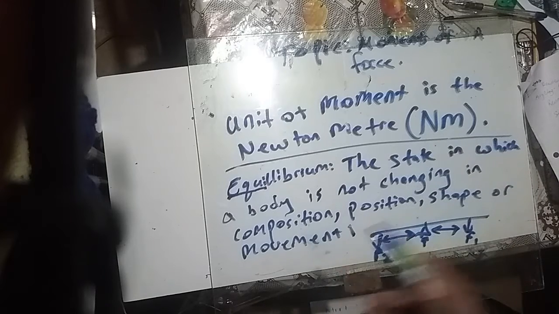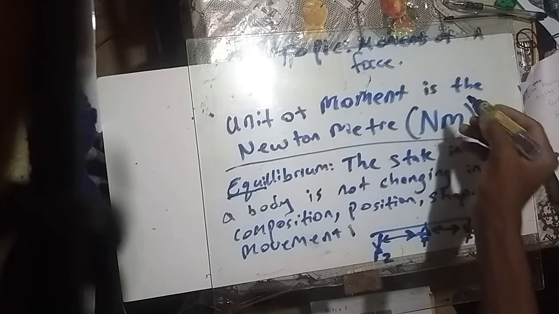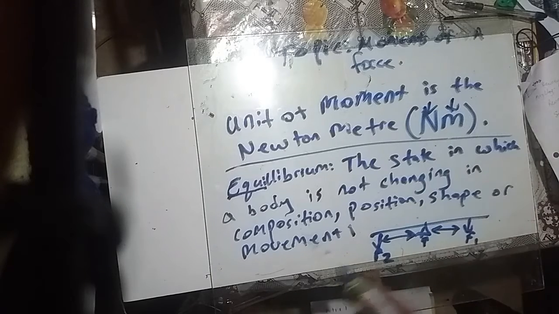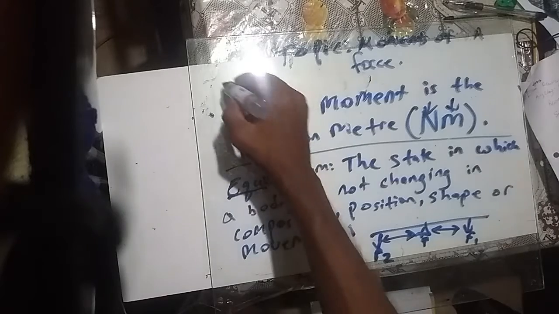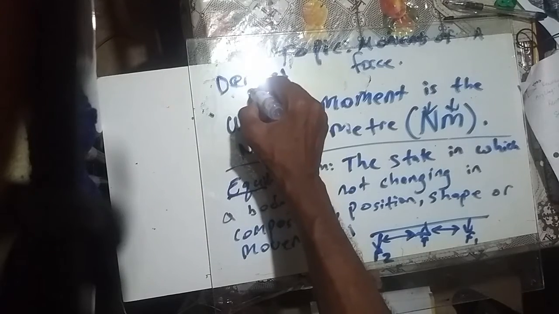So this tells us, and I hope bright students will know, that the unit of moments is a derived unit. It's a derived unit, guys. Therefore, it is derived from two things: the Newton, in which force is measured, and the meter, in which distance is measured. So it is a derived quantity.